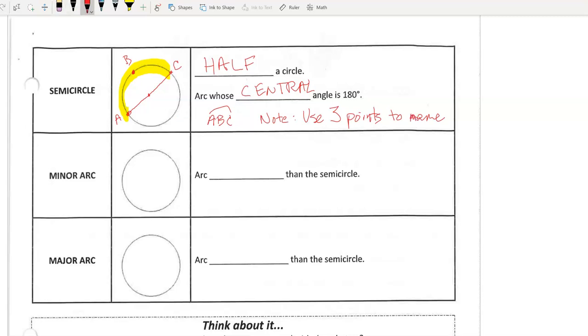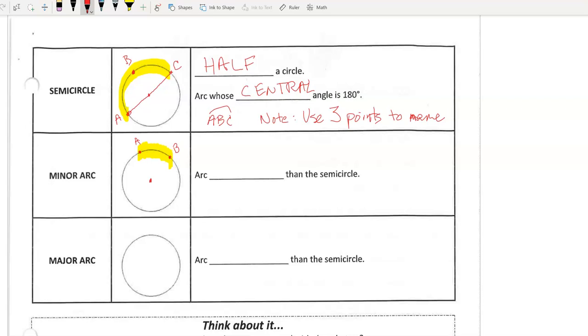Okay, there we go. Alright, now a minor arc. So let's put in our center, and then let's put 2 points on my circle. We'll call it A and B, and again I'm going to highlight that. So this is arc AB.